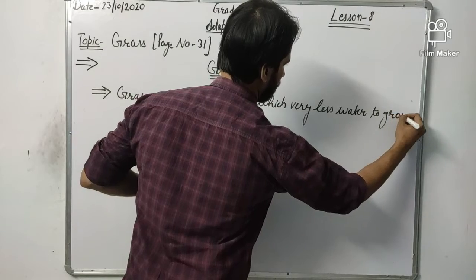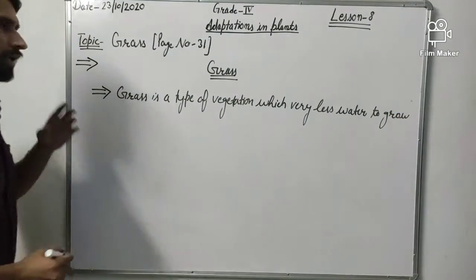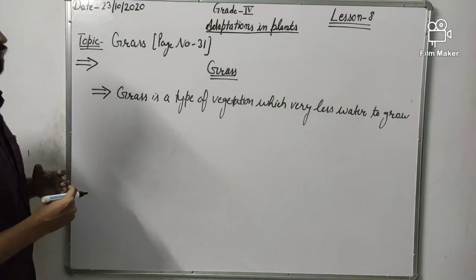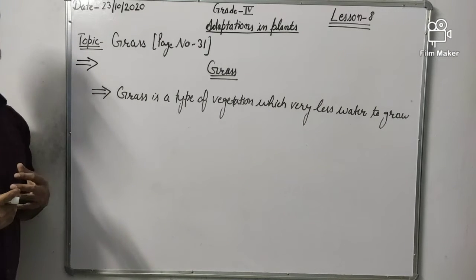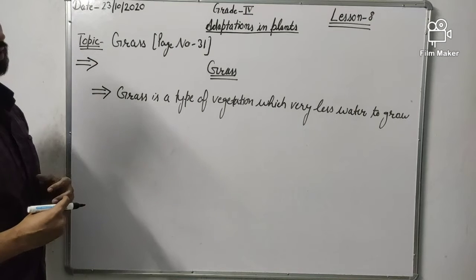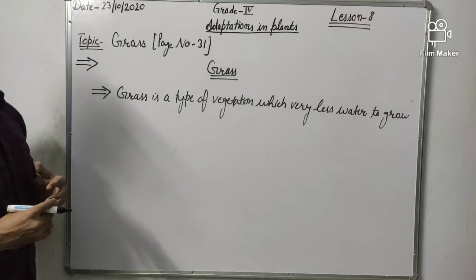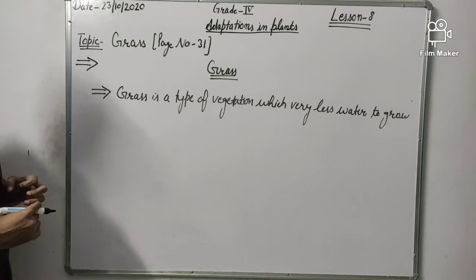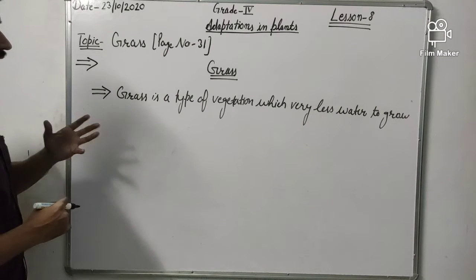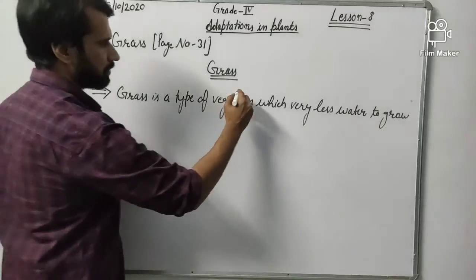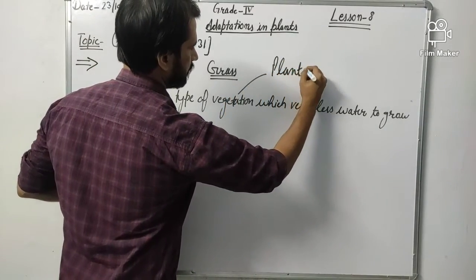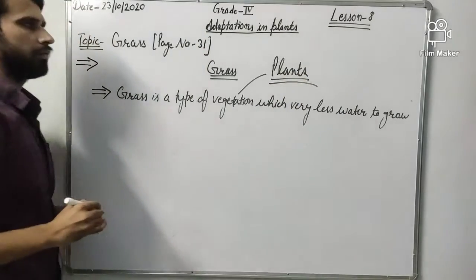Grasses are small plants which need very less water to grow. They do not need as much water as the herbs, the trees and the bigger plants. This is the first adaptation or special feature of the grasses. Vegetation means anything which relates to plants. There we use the word vegetation.